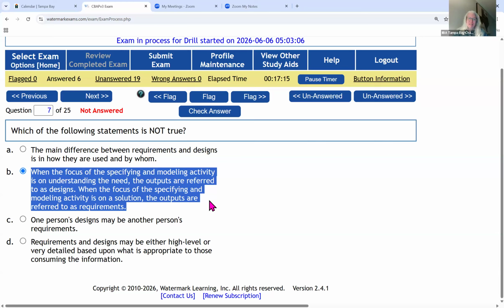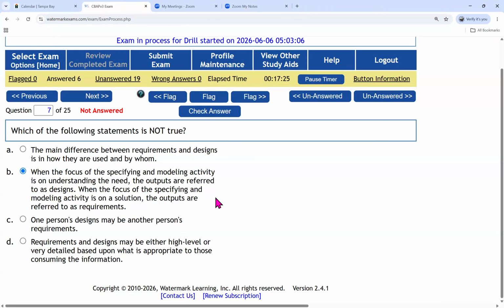Well, it is the longest answer, but why is it not true? It's backwards. It's actually the requirements that are used to understand the need and the designs when modeling a solution. Right. So need should be requirements and design. Whenever you get solution, we're talking design. And so it's got these backwards.